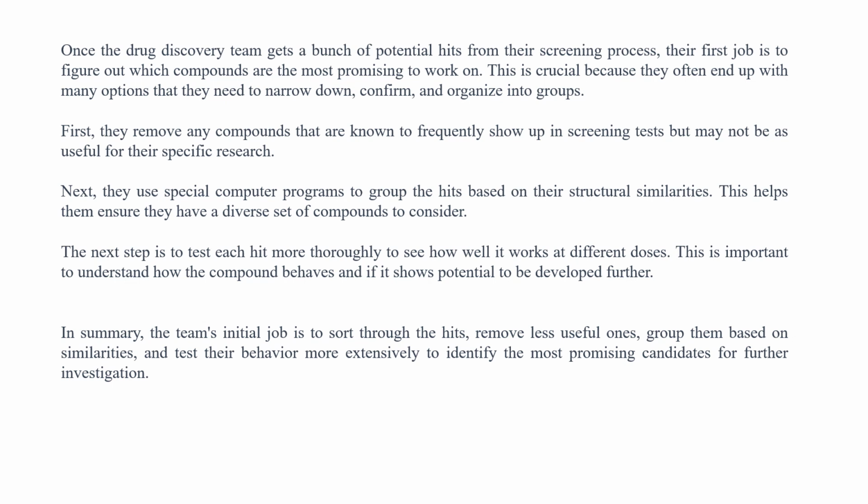Once the drug discovery team has identified the hit from the library, they have to check whether the compound is working efficiently or not. Initially, they have to remove any compounds that are known to frequently show up in screening tests but may not be as useful for the specific research.